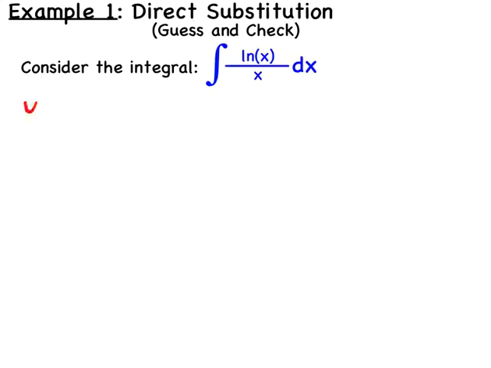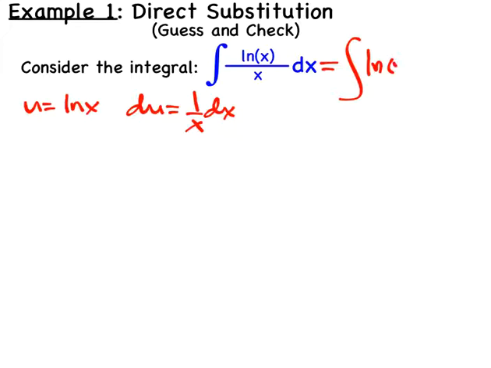We say, what if we let u be equal to the natural log of x, then the derivative of the natural log is 1 over x dx. And we should be able to see that this problem is the same as writing natural log of x times 1 over x dx, where the x is in the denominator. In doing so, this becomes our du, this is our u, and we can complete the substitution.